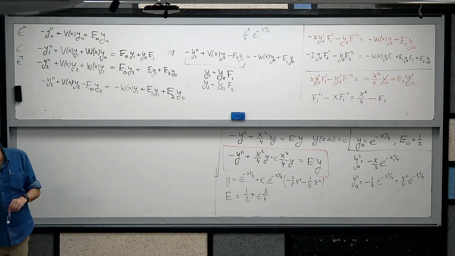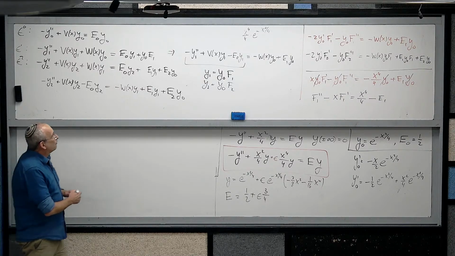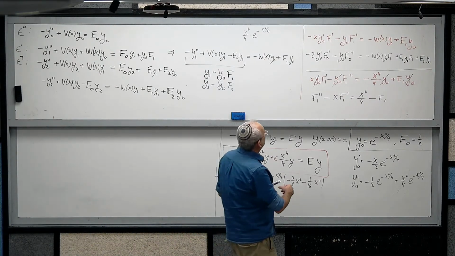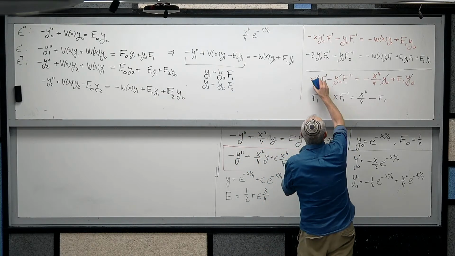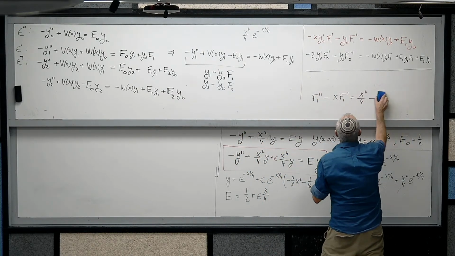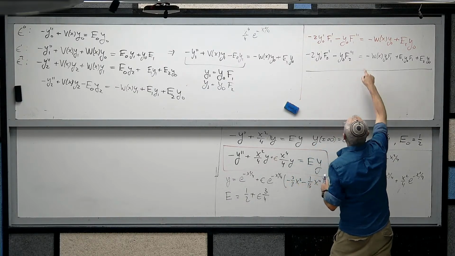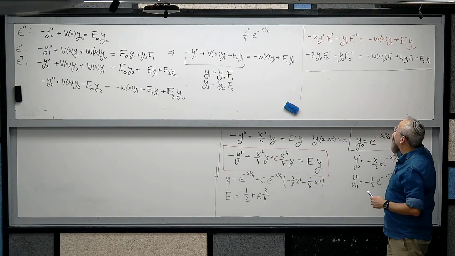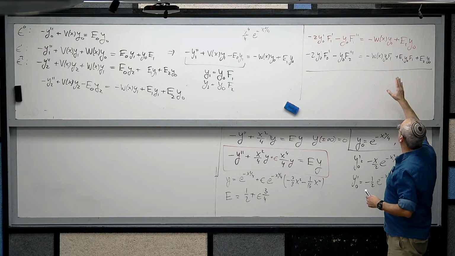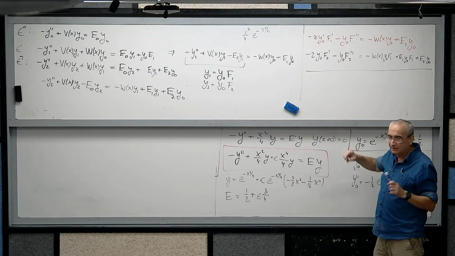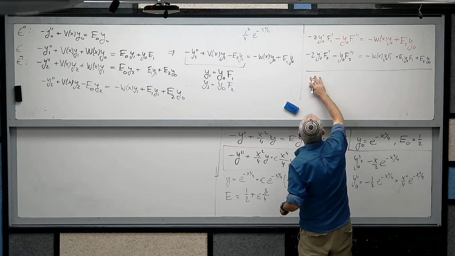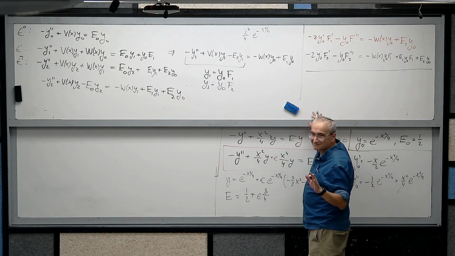Okay, so we ended up with, for example, in the first order, the red equation written here. Now, how do we proceed when w of x is a generic function? The answer is, we multiply everything by y naught.